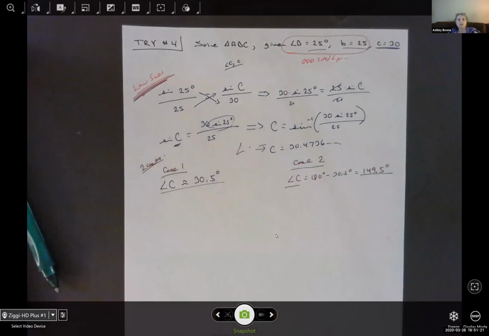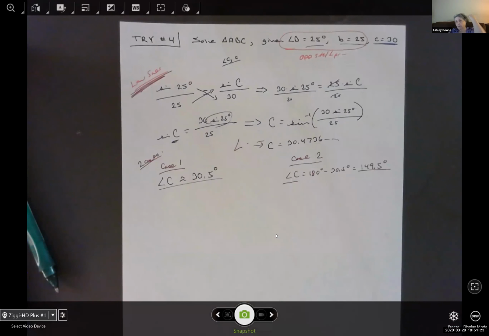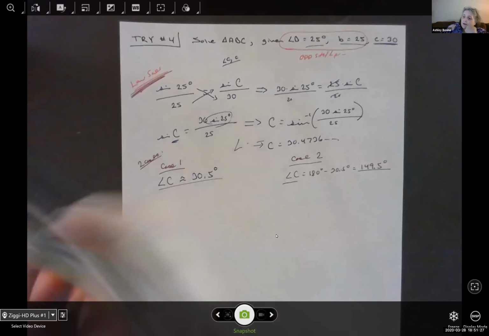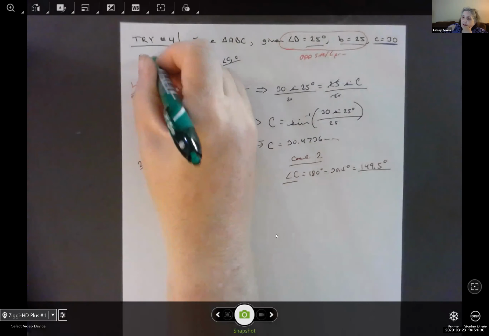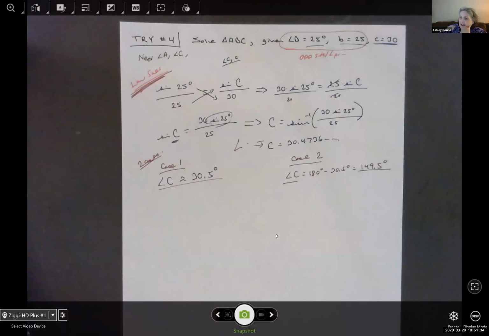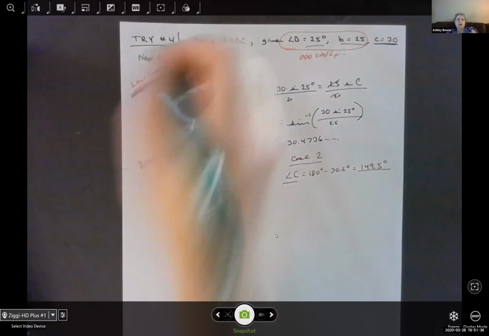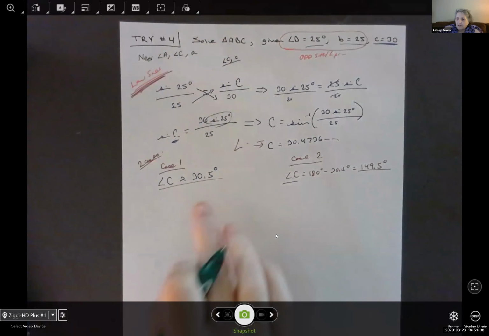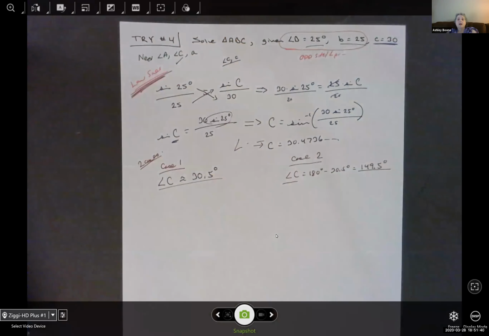Let's finish solving the triangle. What is it that we want? We were given angle B. So what are the things that we need? We need angle A, angle C, and we had sides B and C and side A, okay? I just found angle C for both cases. Once you know two angles, you can get the third.